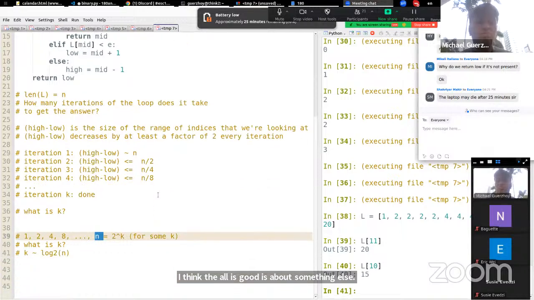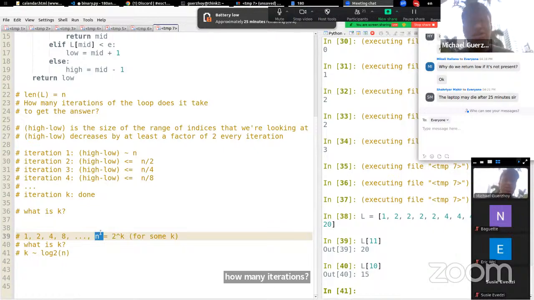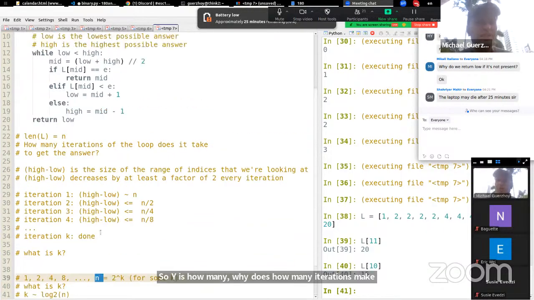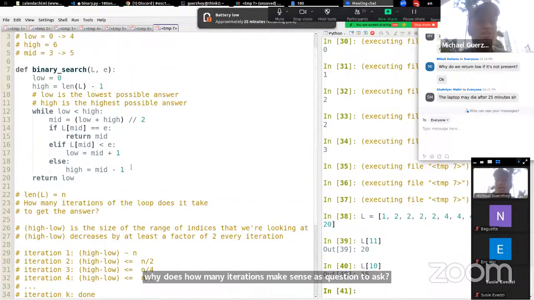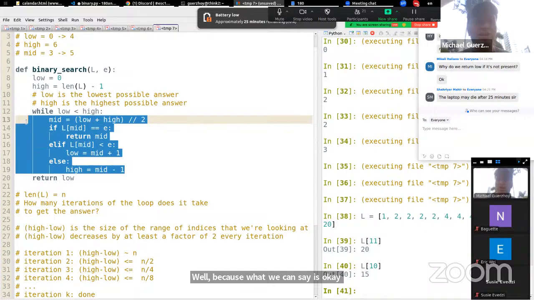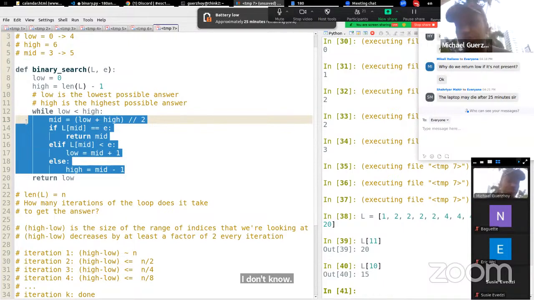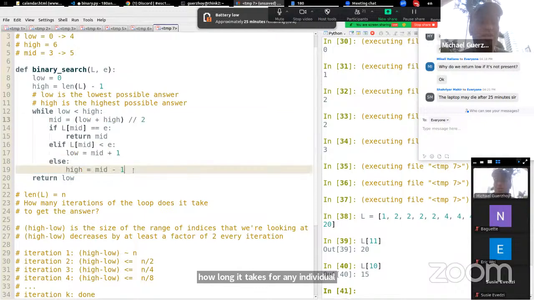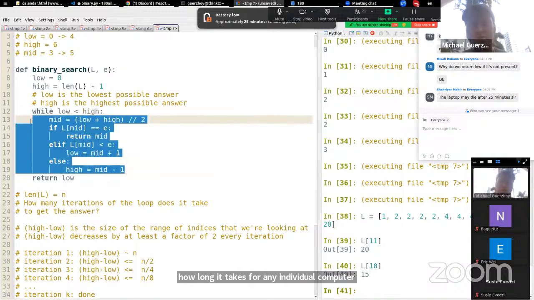So that is the answer to how many iterations. So why does how many iterations make sense as a question to ask? Well, because what we can say is, I don't know how long it takes for any individual computer to run this iteration, this block of code.